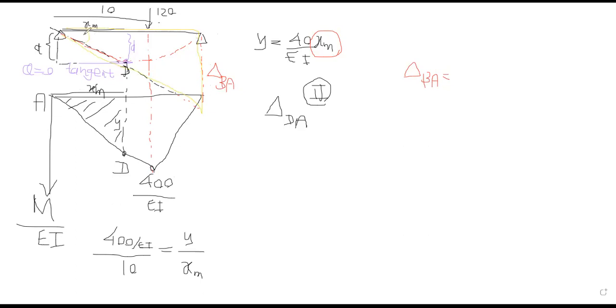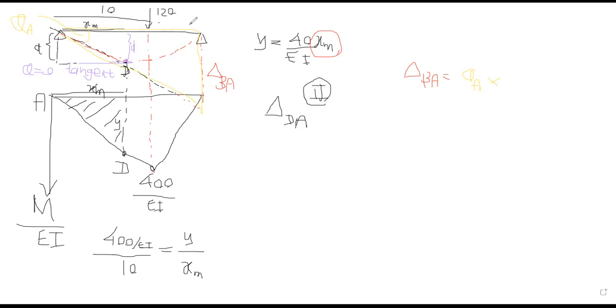And you know this is theta A. So delta A you can write as theta A into the length, since these are small angles, L into tan theta, right? So tan theta is equal to theta A, since small angles.